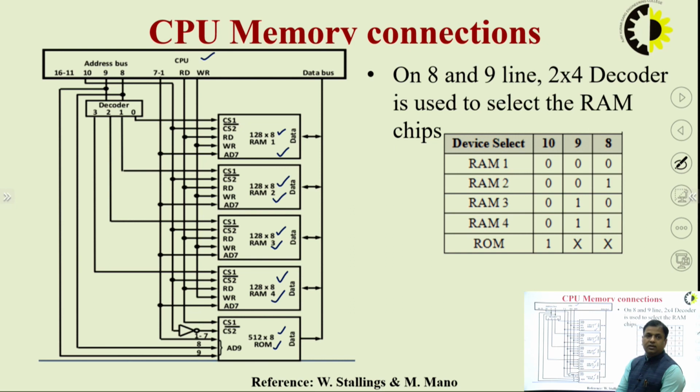The answer is 9: bits 1 to 7 and 8, 9, a total of 9 bits are required. What needs to be clear is that each RAM requires 7 bits, which will be common.